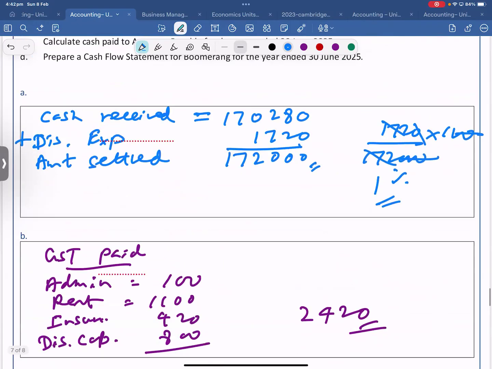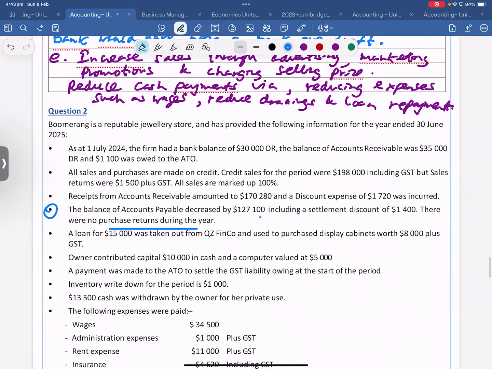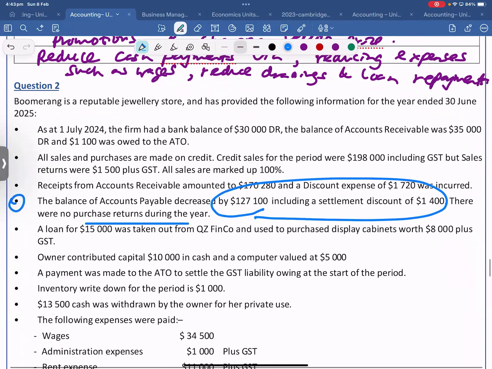Now see, listen. 127,100, including a settlement discount, yes? So accounts payable decreased by how much? 127,100, including a settlement discount of 1,400.